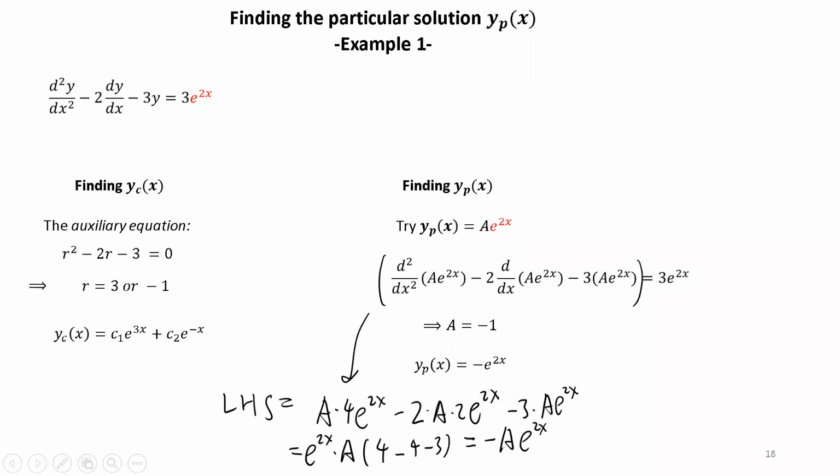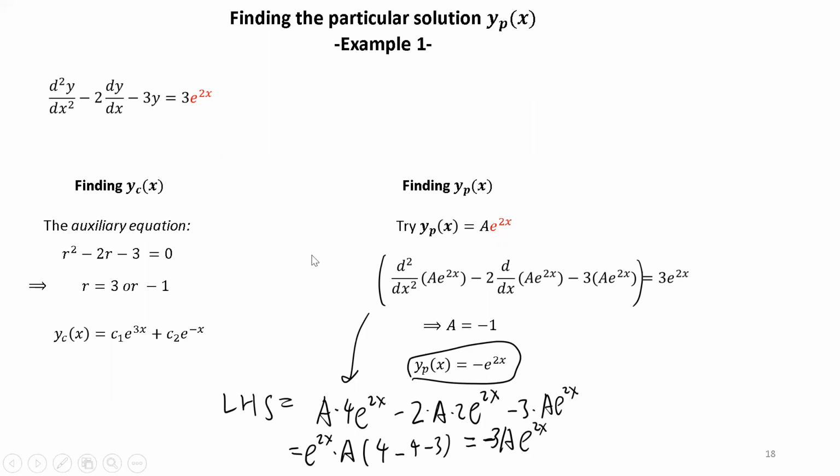So that means the left hand side is not just a times e to the 2x, it's minus 3a times e to the 2x. So minus 3a e to the 2x equals 3 times e to the 2x. Right, so that means a is minus 1. Yeah, that's correct. So a is minus 1. So that means this is my particular solution.